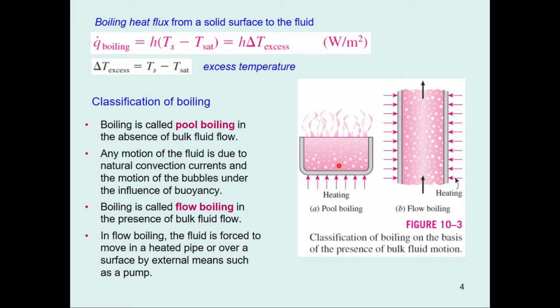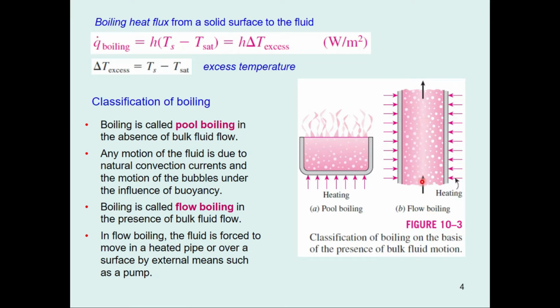In contrast, the second category is flow boiling. So what is flow boiling? As its name suggests, it involves flow. In flow boiling, the fluid is moving, and there is always the presence of bulk fluid motion. The fluid is moving at a particular speed, and the bulk fluid motion is aided by some external means, such as a pump attached at this place in order to move the fluid through this pipe.